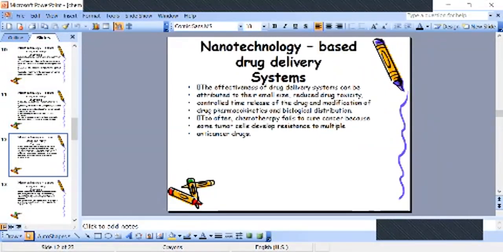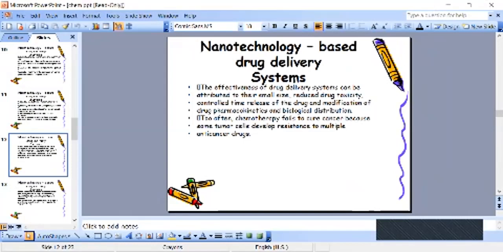The effectiveness of drug delivery systems can be attributed to the small size, reduced drug toxicity, controlled delivery of the drug, and modification of drug pharmacokinetics and biological distribution. Too often, chemotherapy fails to cure cancer because tumors are resistant to multiple anti-cancer drugs.